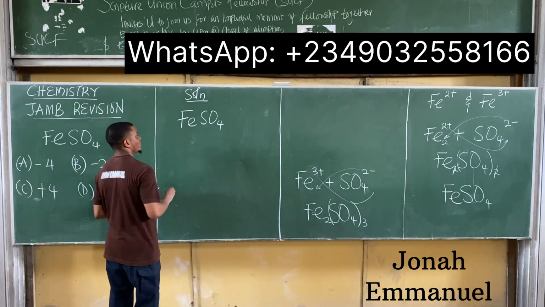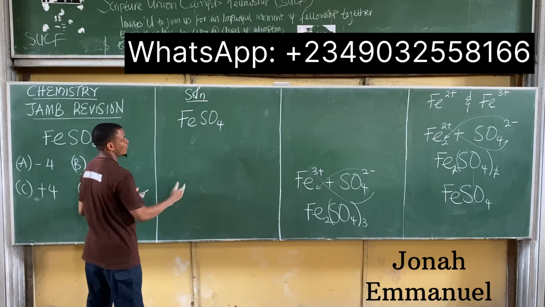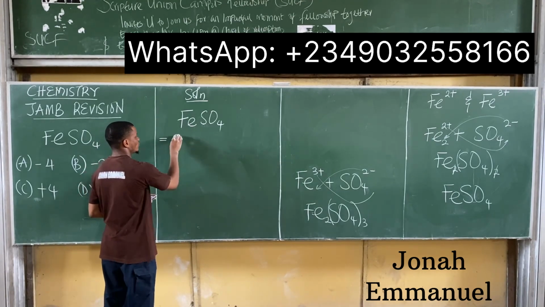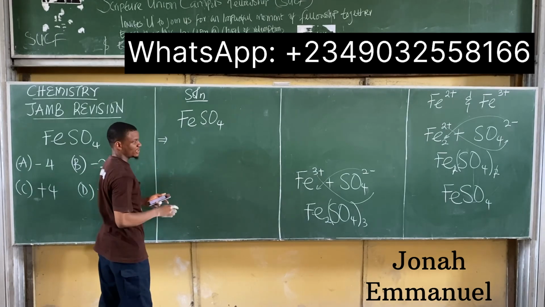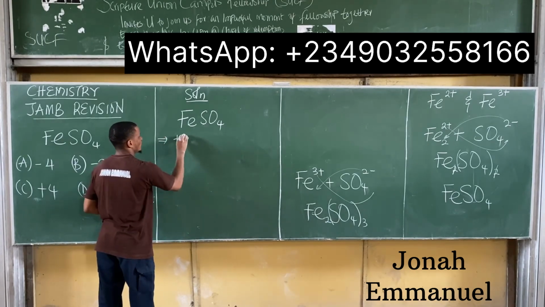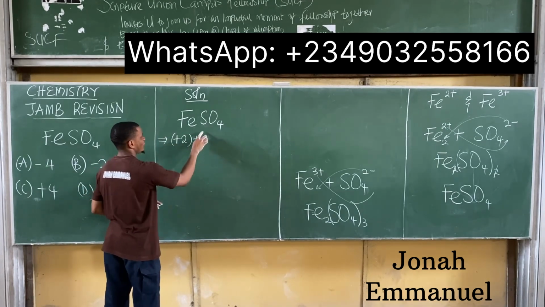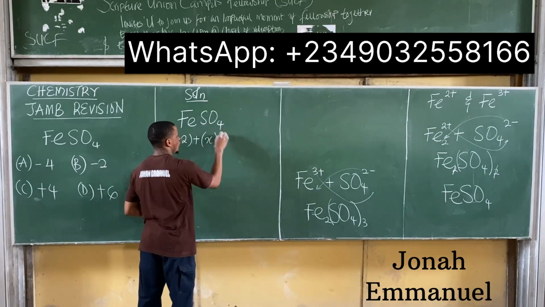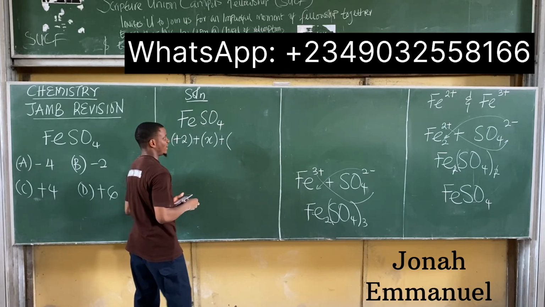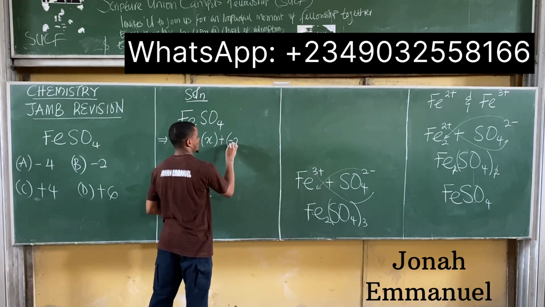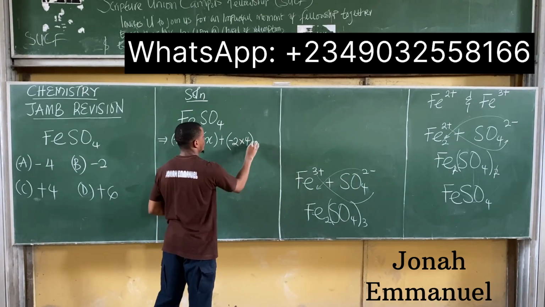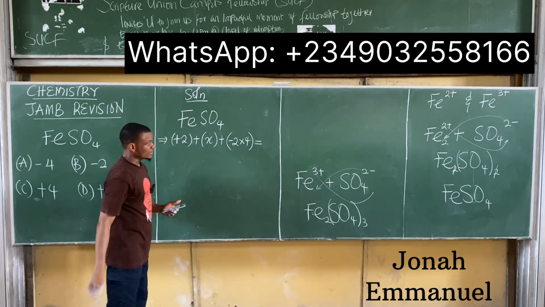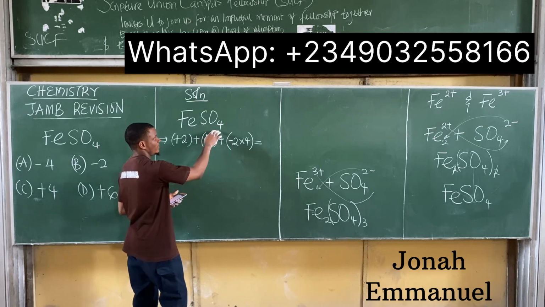So let's get the oxidation number of sulfur here. We've established that for iron, it's iron 2 plus. So plus 2 for iron; for sulfur, we don't know, so we'll call it X. Plus for oxygen, the oxidation number is minus 2, which is a constant for oxygen, times 4 is equal to, for a compound such as this, which is a neutral compound, which means this compound does not have any charge here.